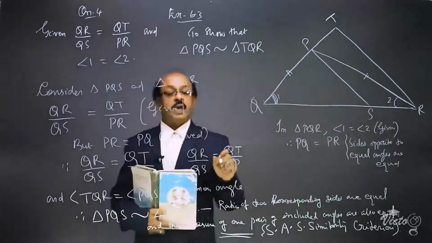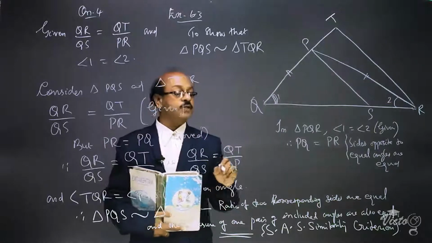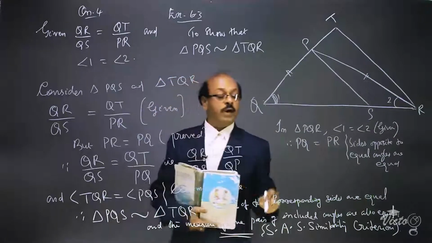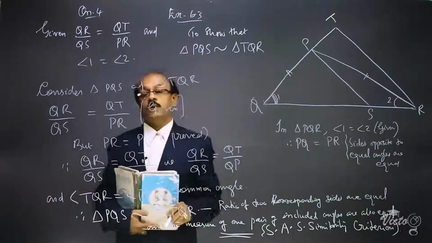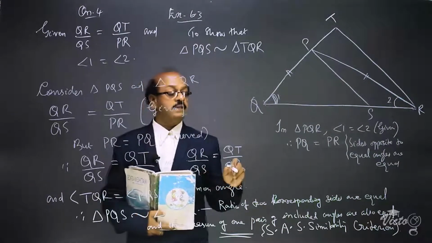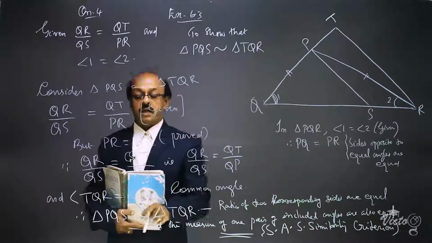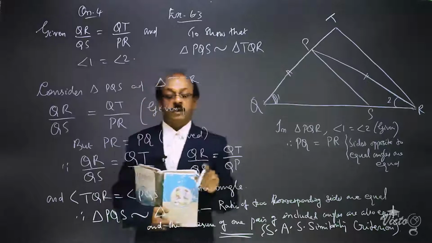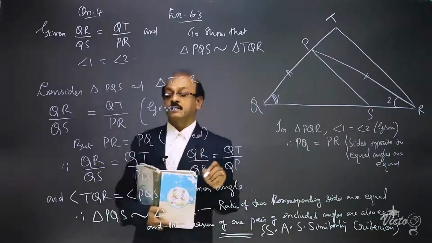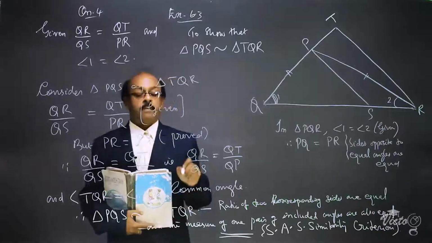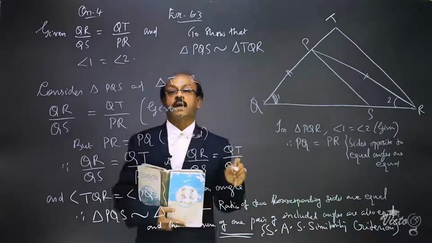Therefore, we conclude that the ratio of two corresponding sides are equal and the measure of one pair of included angles are also equal. Therefore, by SAS similarity criterion, triangle PQS is similar to triangle TQR.